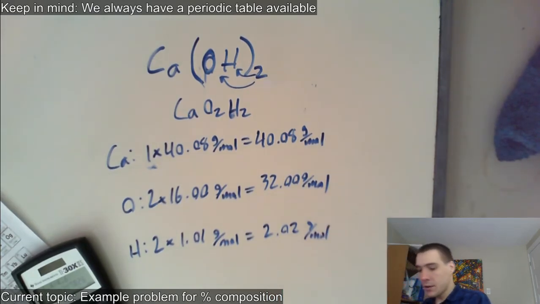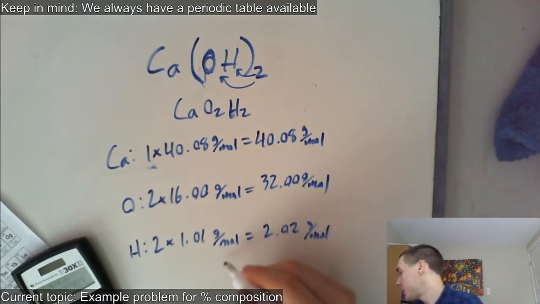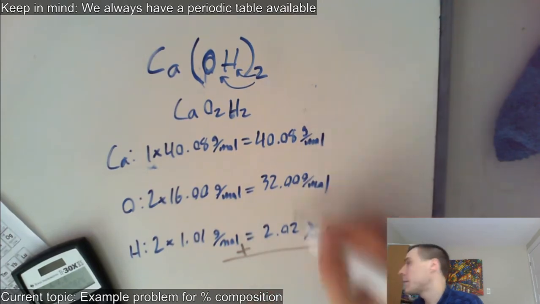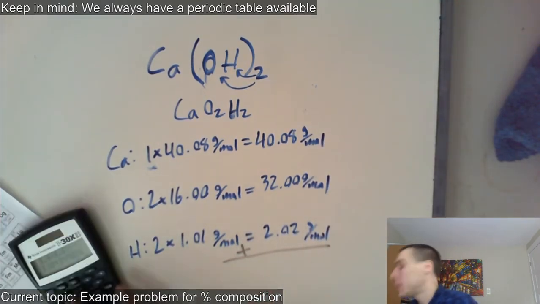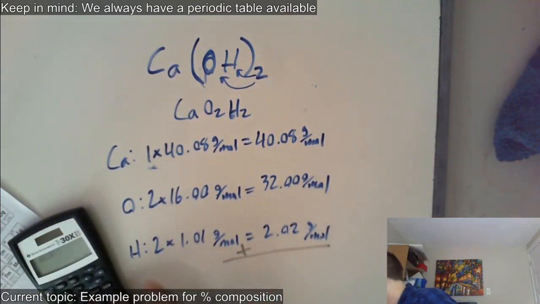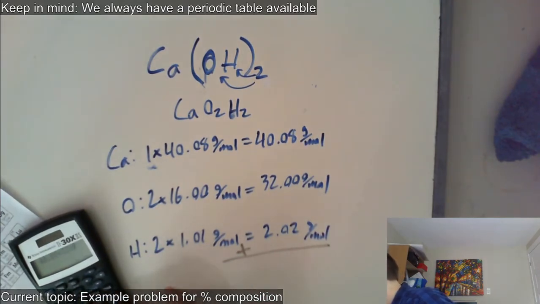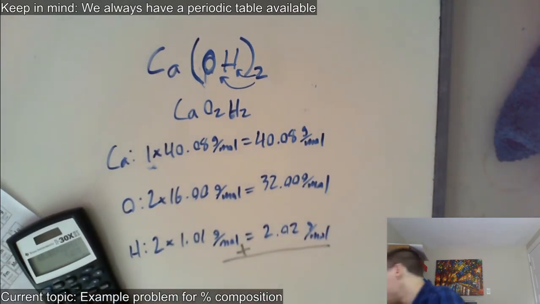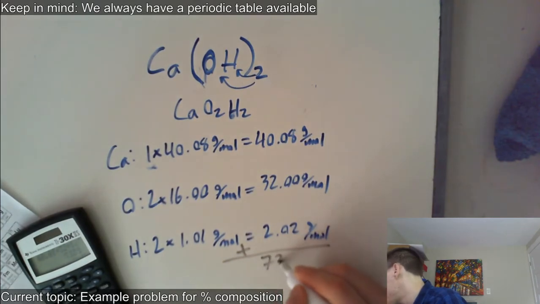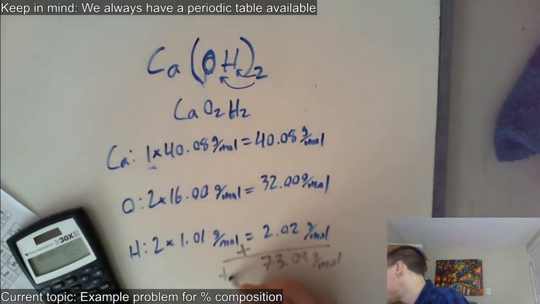All right, I need a total, so let's get our total. To do the total, I'm just going to add those up together. So let's do that. 40.08 plus 32 plus 1.01 is 73.09 grams per mole. That's the total.